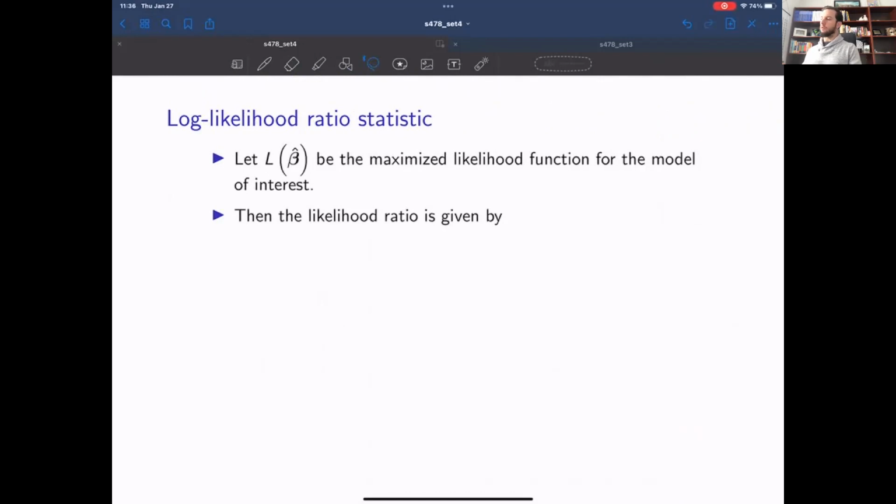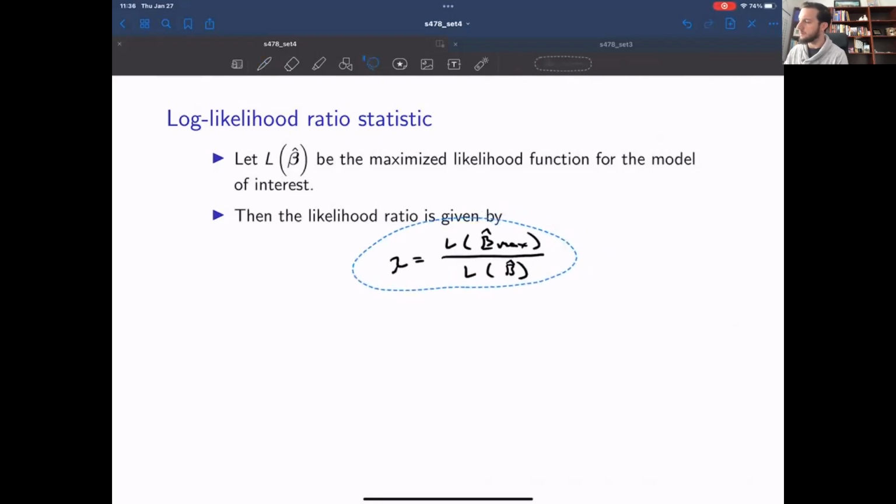Then the likelihood ratio is given by λ equal to L(β̂_max) divided by L(β̂).